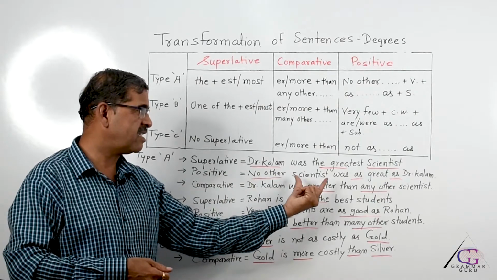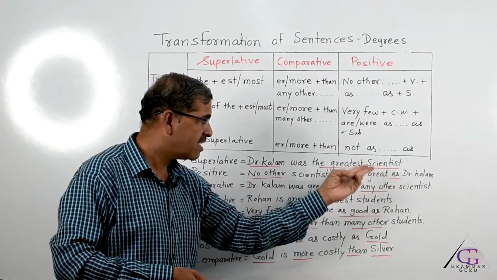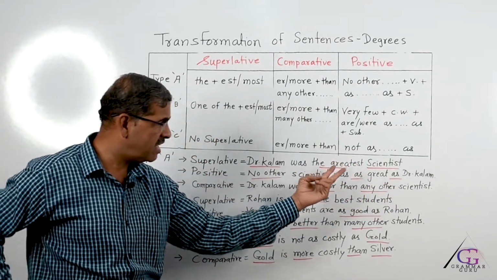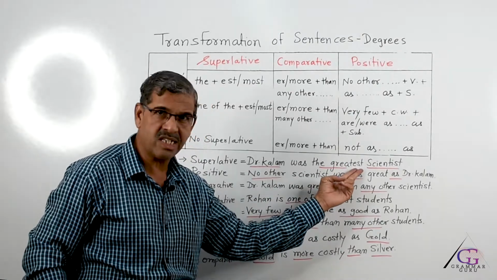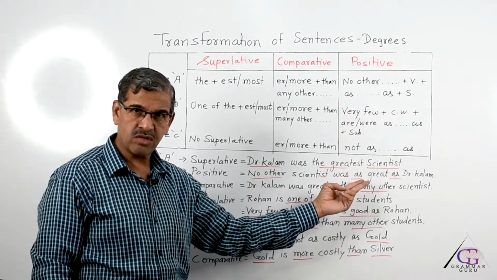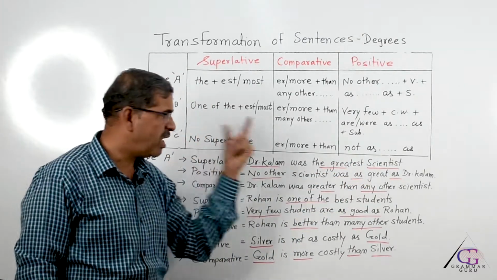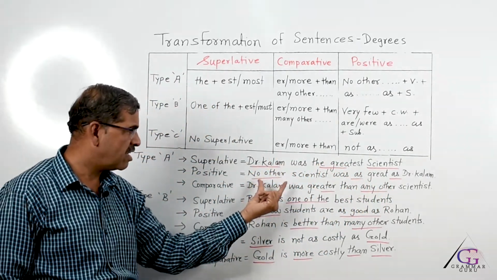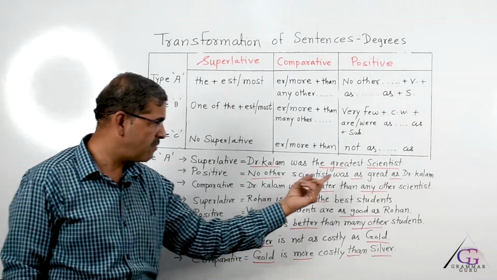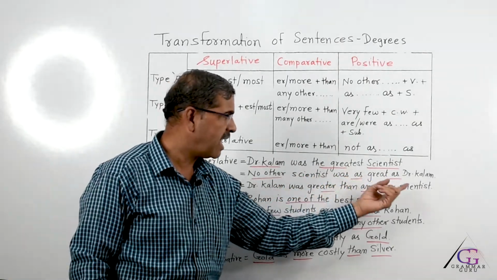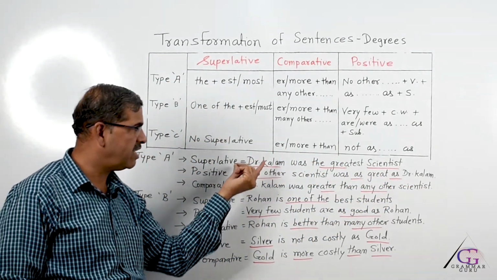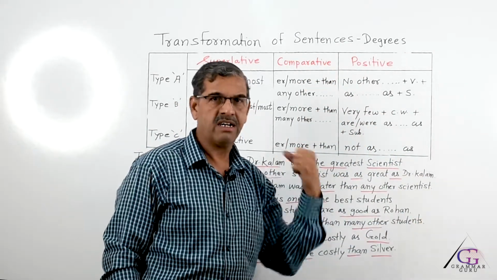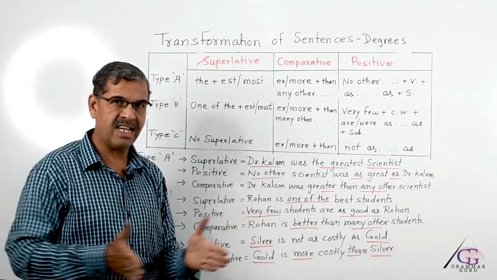So no other scientist was as great as. What we have done is, in superlative we had est as a suffix to the adjective, which we have removed. We have used the base form, that is the positive form, and so the answer is no other scientist was as great as, and the subject has come at the end, Dr. Kalam. I hope it is clear to you.